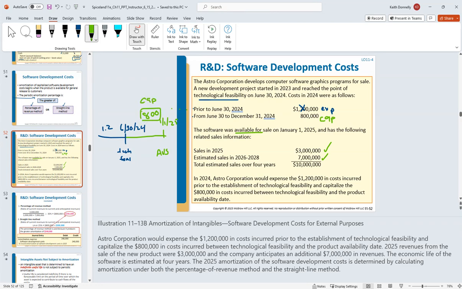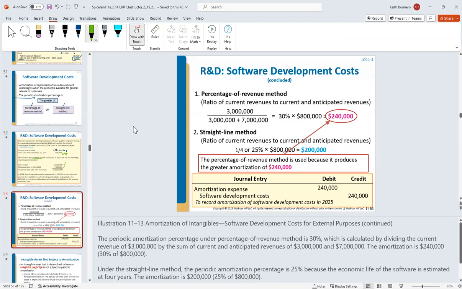How do we now deal with this? Well, we said there's kind of two different ways that we can pick from. We're going to pick the percentage of revenue, or we have straight line. We want to pick the bigger of the two. So we have $800,000 that we capitalize, we got to account for.